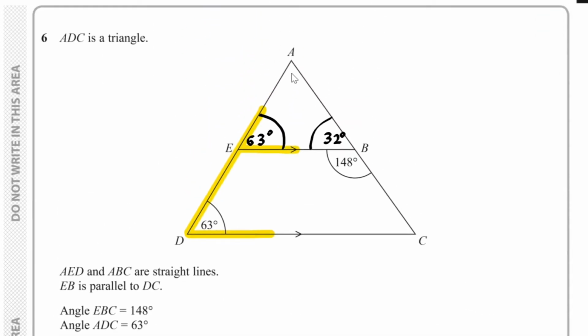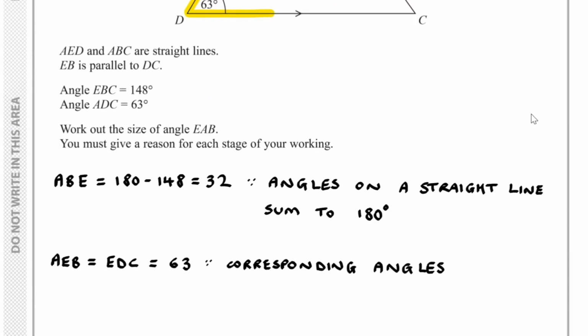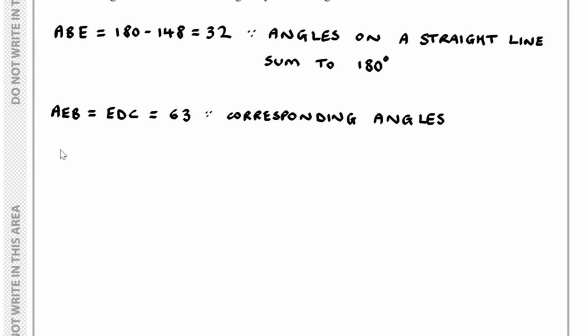We can now find out the missing angle here, which is the angle we require. The angle EAB is equal to 180, subtract the 63, subtract the 32, which is equal to 85.